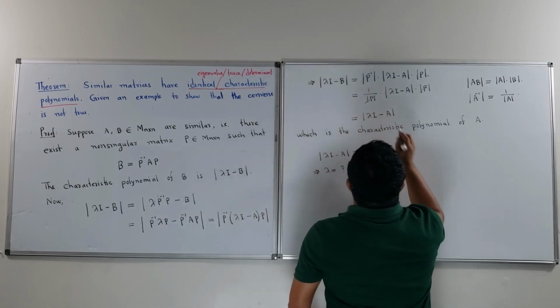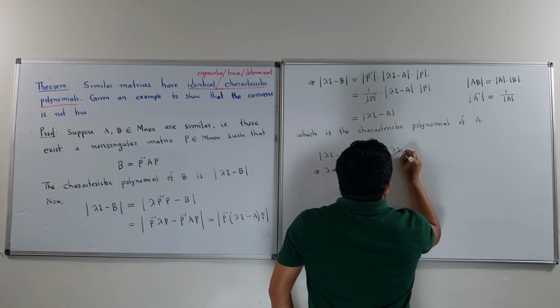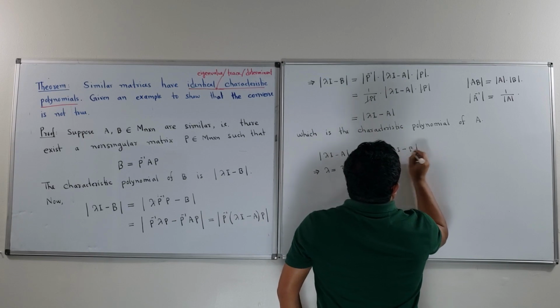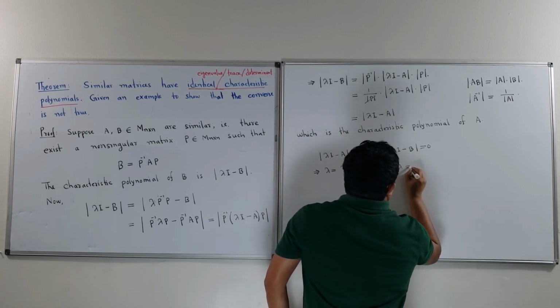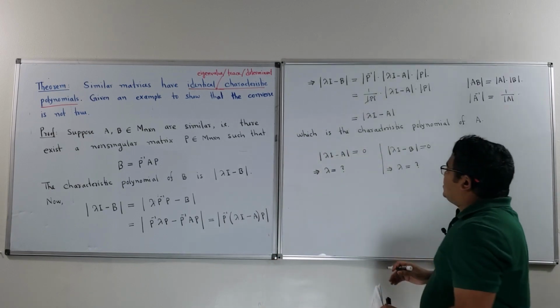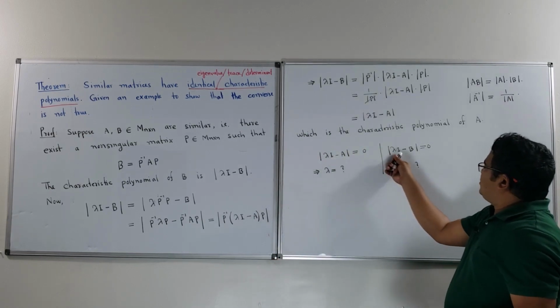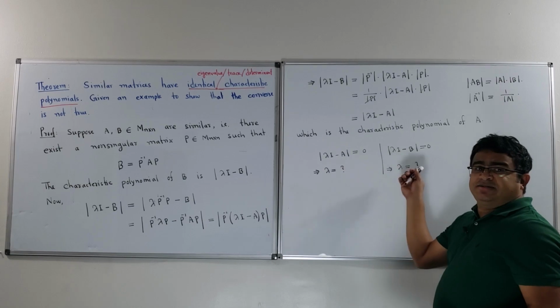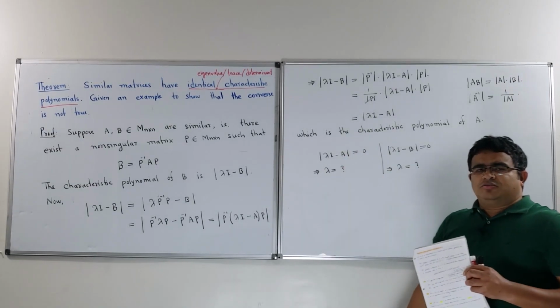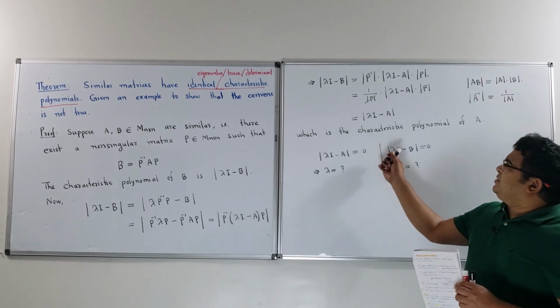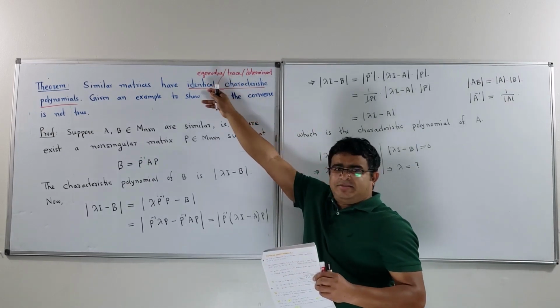And if we set the characteristic polynomial of B equal to 0, then we will get lambda. Since this one and that one are the same, lambda would be the same for A and B. So the eigenvalues would be the same for both A and B.